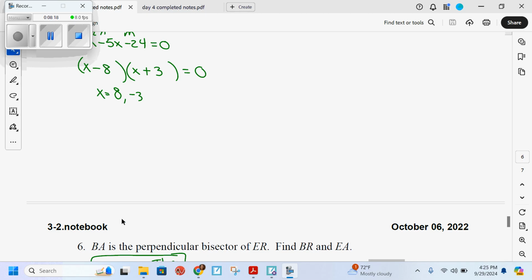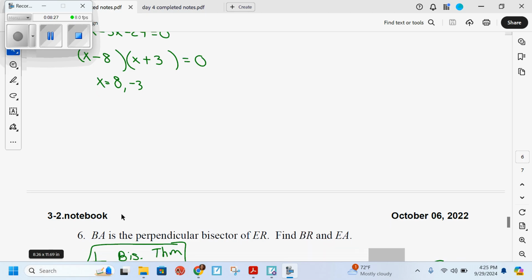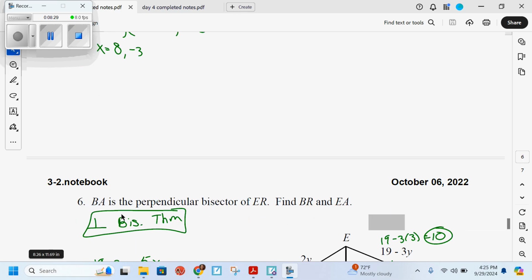All right, 6. BA is the perpendicular bisector of ER. Find BR and EA. So go ahead and fill in 19 minus 3y. And if you'd like a moment to try this on your own, go for it.